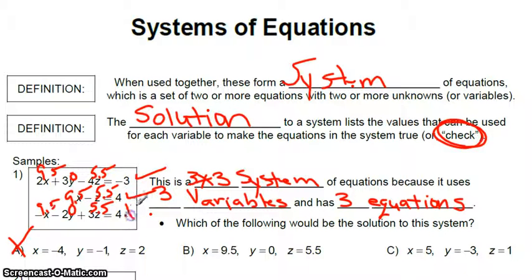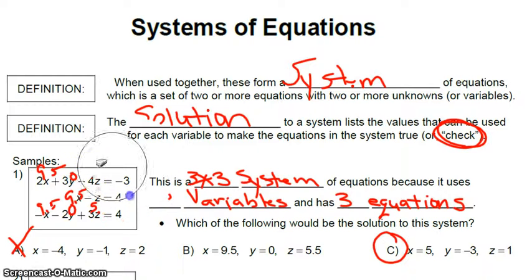That's not 4, so it doesn't check for all 3 equations, which means B is not the solution to the system because it would have to be true for all 3. Which means C must be my correct answer, but I want to go and check it to verify anyway.